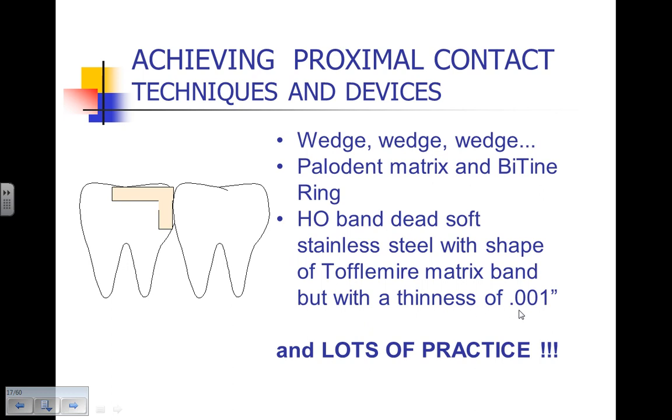It has a thickness of 0.001 inch, as compared to our conventional Tofflemire band, which has a thickness of 0.0015 inch. The dead soft metal requires that we break proximal contact, and I'll refer to that as we look at a variety of different cases.